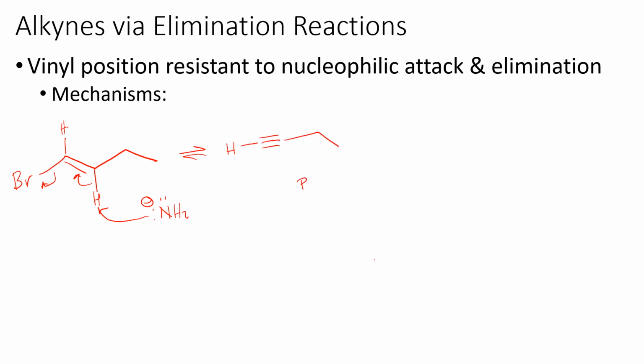That initially produces for us that terminal alkyne. But under these conditions, since it's such a strong base, what is going to change is that the very strong base is going to deprotonate the terminal alkyne.